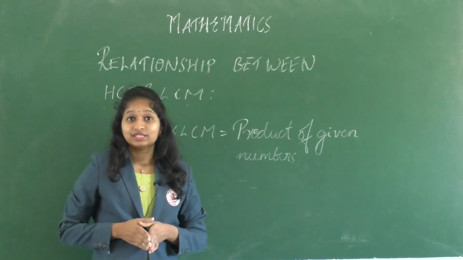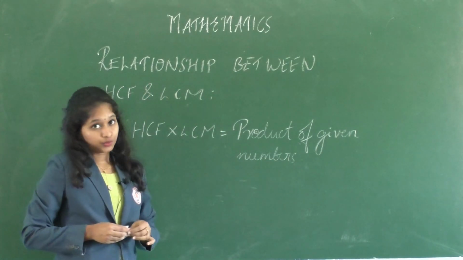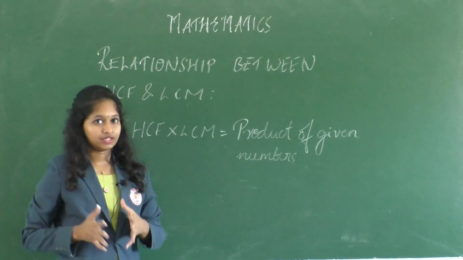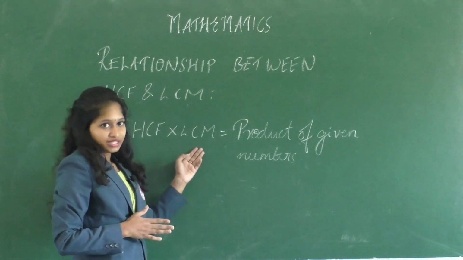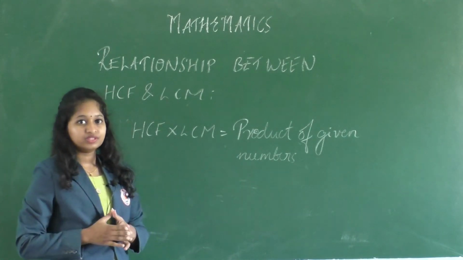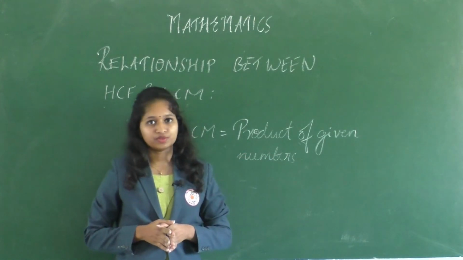So children, this is our last topic. It is the relationship between HCF and LCM. There is a relation. If you multiply the HCF and LCM of two numbers, we get the product of those numbers.